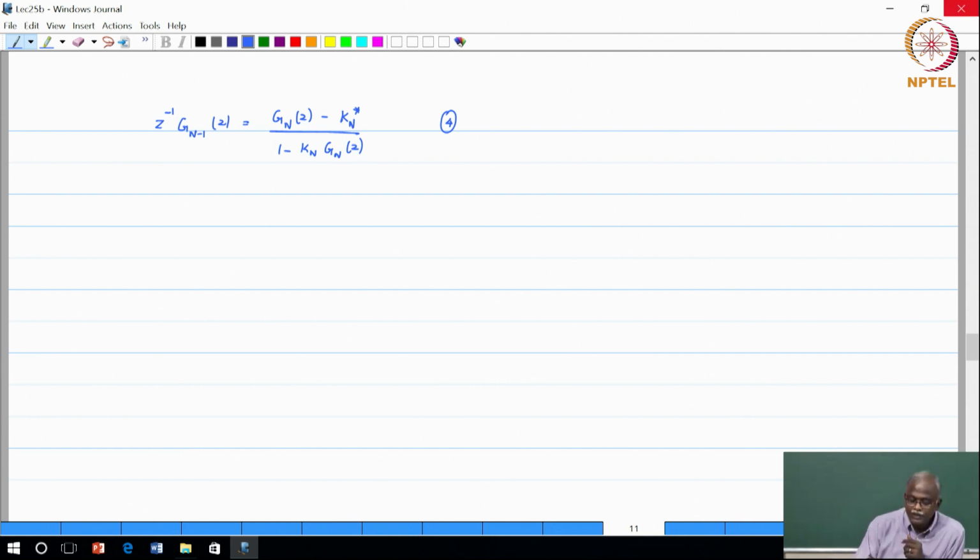Now, supposing g n of Z is a causal stable all pass function of order n.